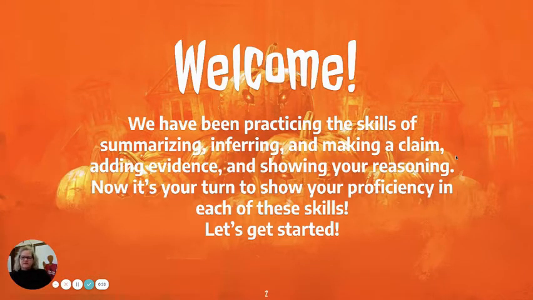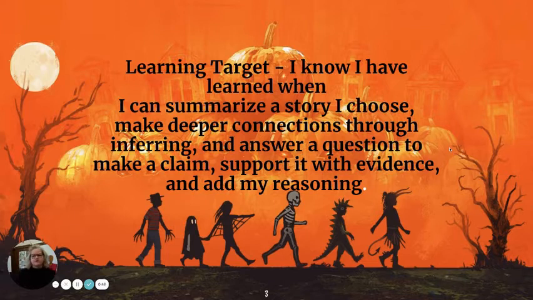So we've been practicing the skills of summarizing, inferring, making a claim, adding evidence, and showing your reasoning. Now it's your turn to show your proficiency in each of these skills. So here's the learning target.